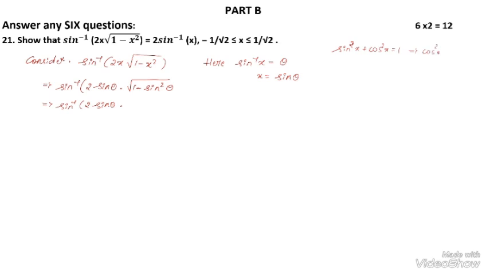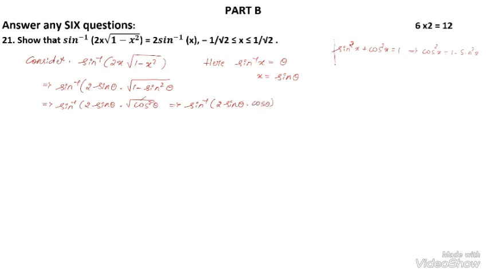Taking sin square x to the right side, it becomes 1 minus sin square x, which is cos square x. Simply, I can replace 1 minus sin square theta by cos square theta. That is root of cos square theta. Root and square get cancelled. We have sine inverse of 2 sin theta into cos theta.